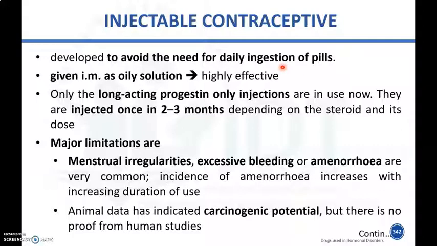In order to avoid that, we can use injectable contraceptives, given by IM route as an oily injection, using long-acting progestin. We have to inject once in 2 to 3 months, depending upon the steroid, instead of taking daily oral contraceptive pills. That is the advantage.